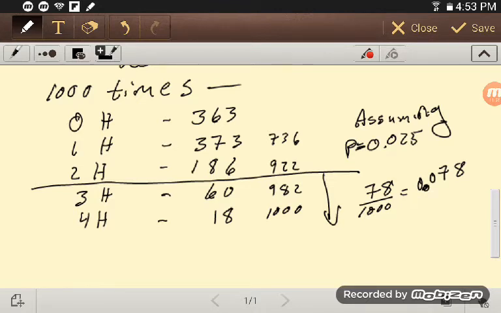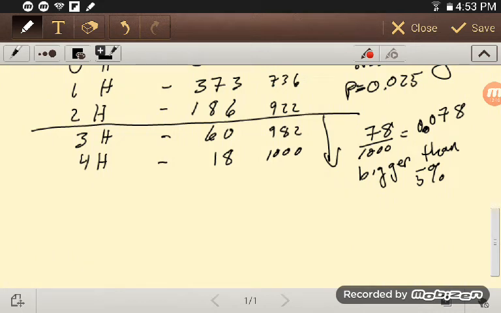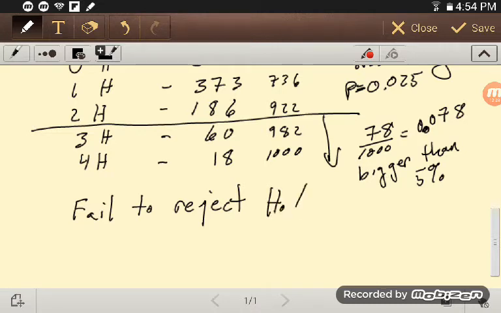Now, in this case, that's bigger than 5%. And so, since it's bigger than 5%, we're going to fail to reject our claim H0. This is our claim of P equals 0.025.